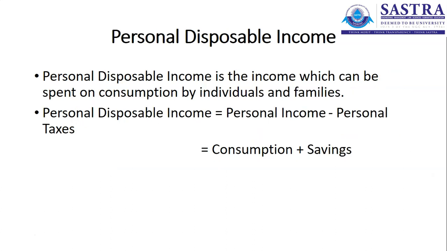The personal disposable income is the income which can be spent on consumption by individuals, families and households, the total amount which can be spent for the purpose of consumption. The personal disposable income is calculated as personal income minus personal taxes.